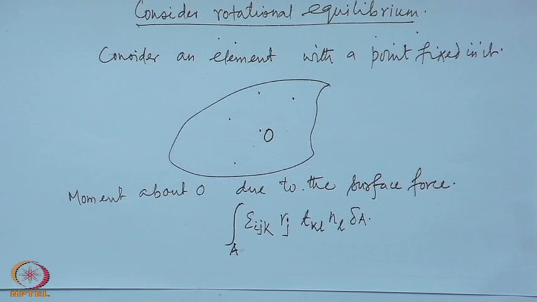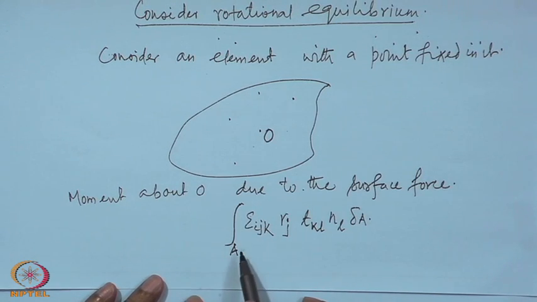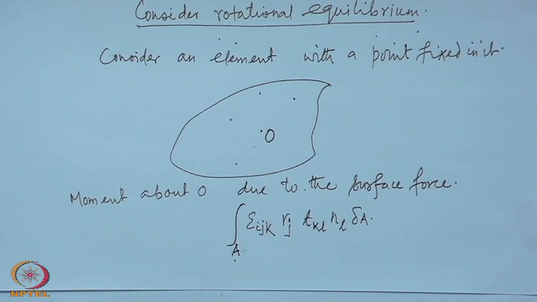Similarly, an integration over a volume will also be denoted by an integration with subscript v, not by triple integration or double integration. We will usually not write double or triple integration, they will be denoted by just a single integral sign with this notation. Okay. So, this is the moment due to the surface forces.